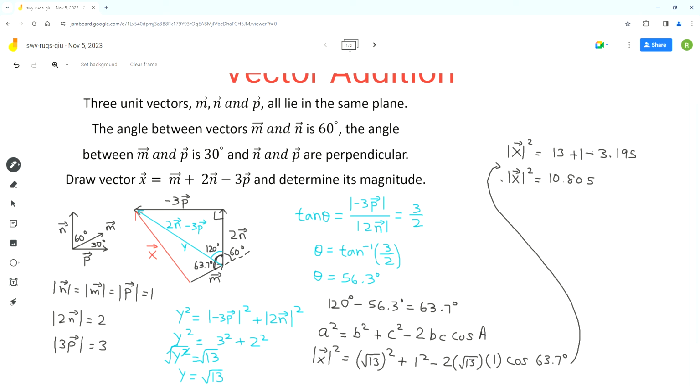And now we can apply square root to both sides. So the square and the square root on the left side cancel each other out, and we get the magnitude of vector x as 3.29 units. So this should be the final answer for this problem. I've rounded the answer to 2 decimal places.